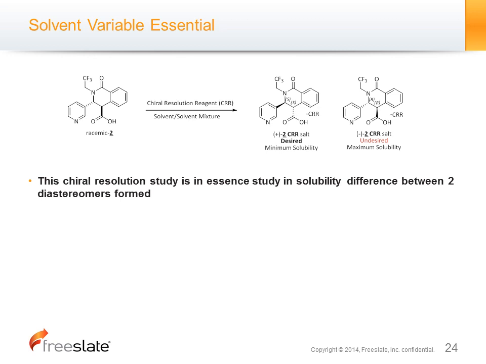You make this +2 salt and -2 salt, and you're trying to study the solubility difference between these two salts. What you want to achieve is the minimum solubility of this +2, because you want the +2 to be precipitated out so you can collect it. You want this -2 salt to be very soluble so you can wash it away.